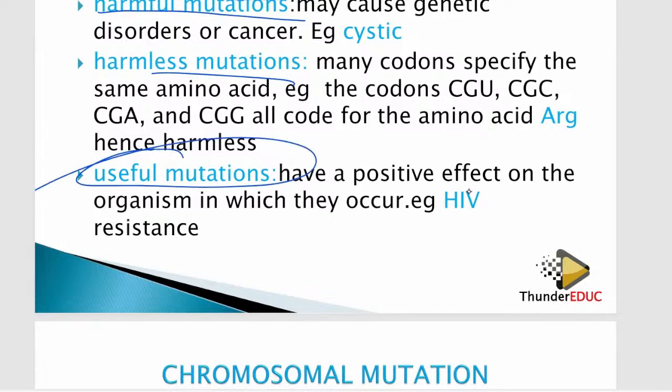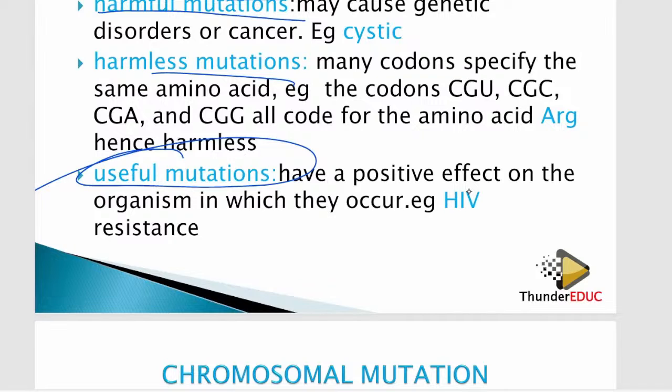Then we have some mutations which are useful, for example, having an effect on the organism in which they occur. HIV becomes resistant. It's not useful to a human body, but is useful to HIV itself. For example, it becomes more resistant to the drugs you are taking, and then it's able to survive.